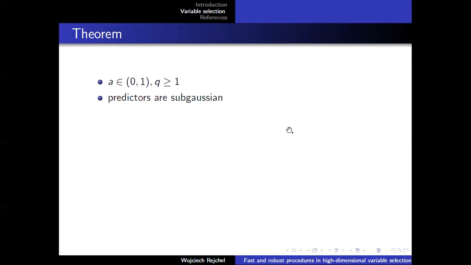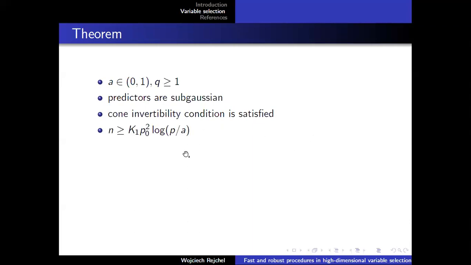So the assumptions are: we need that our predictors are sub-Gaussian, which is standard if you work with random predictors. We need some regularity like the cone invertibility condition. The sample size has to be large enough, larger than some number: p0, the number of significant predictors, times the logarithm of the number of predictors. The tuning parameter has to be also large enough, and here it is the standard square root of log p over n.